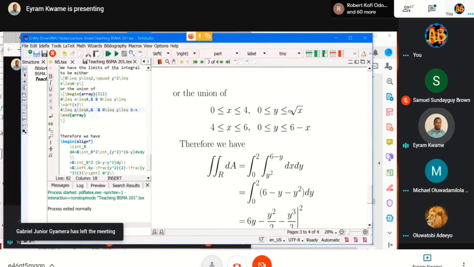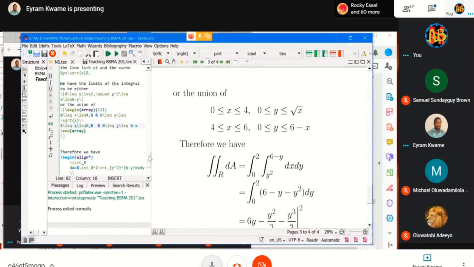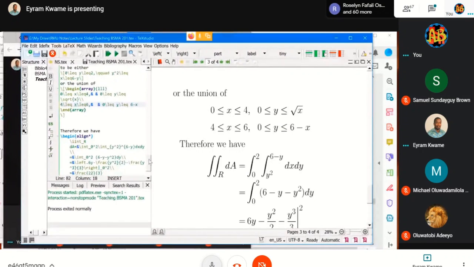So integrate, this means that you integrate with y first before x, and then this. So let me type out. I can do this.